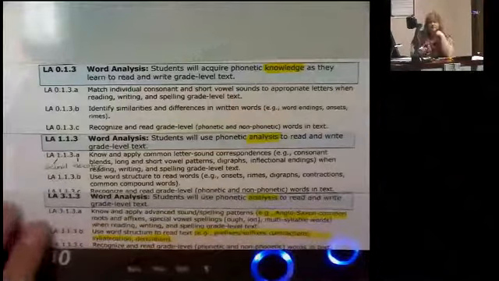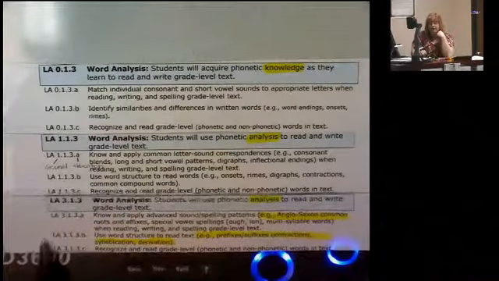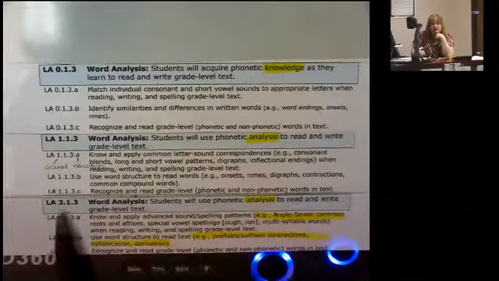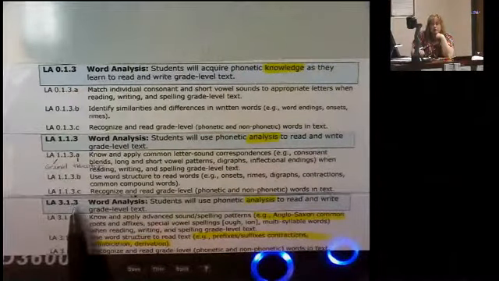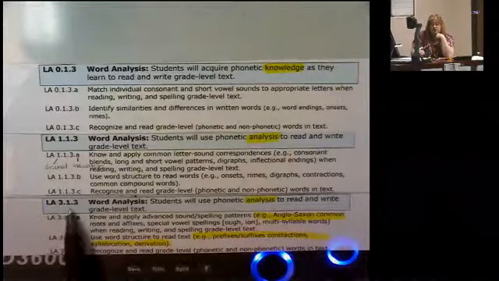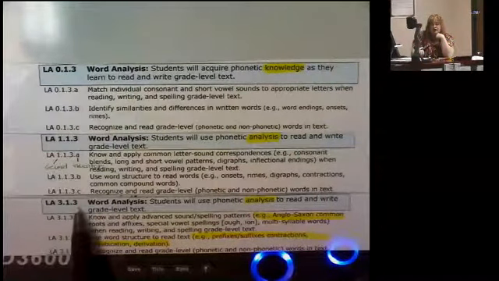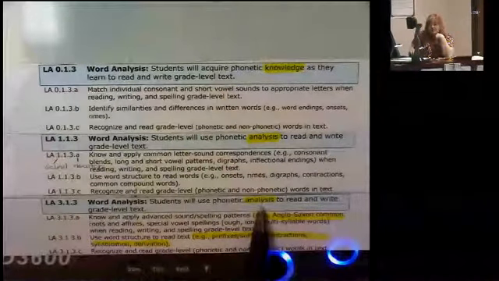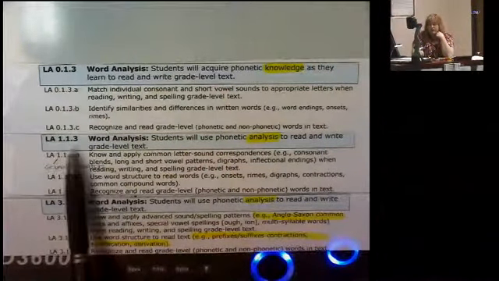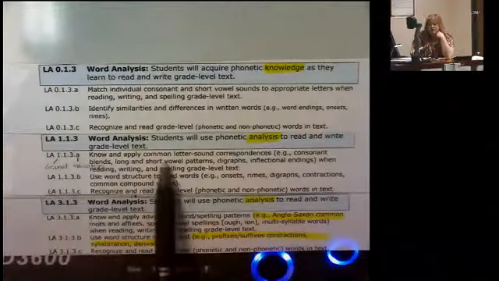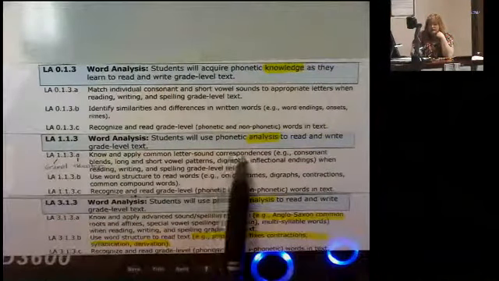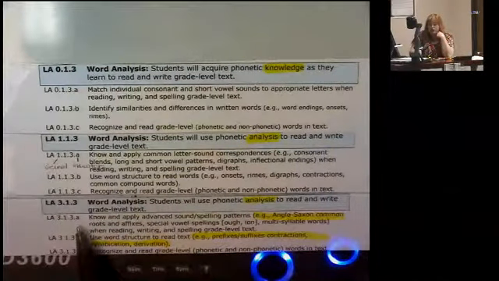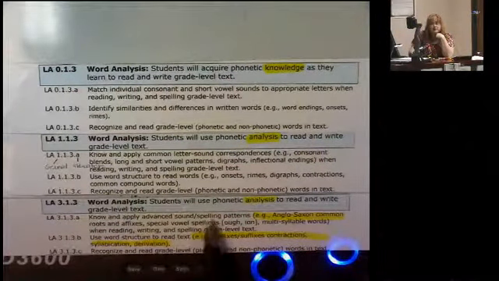Okay, all right, so here we go for third grade. We can tell that it's language arts. We can tell this is a third grade standard. It's still number 1, which is the reading strand, and we're working on this by the end of third grade. So here we're still working with analysis. In first grade, we were doing letter sound correspondence in indicator A. Here in indicator A, we know and apply advanced sound and spelling patterns.